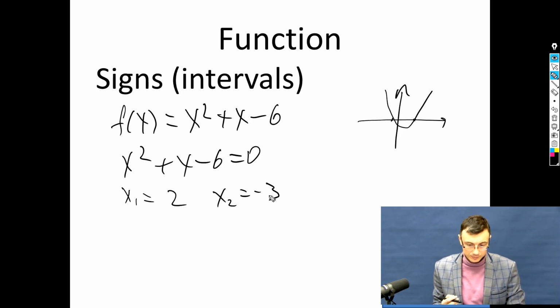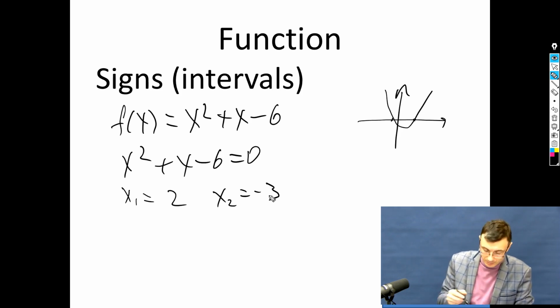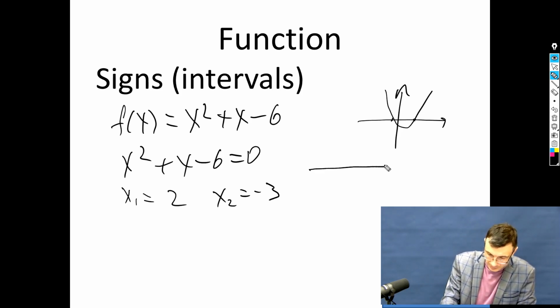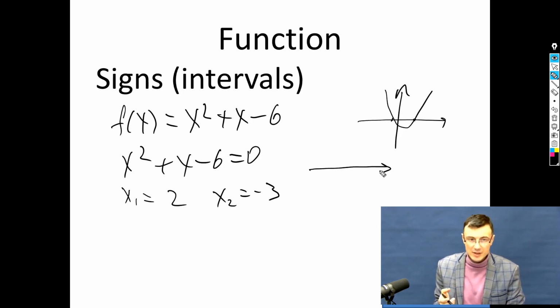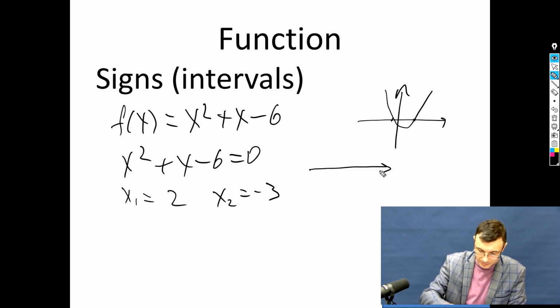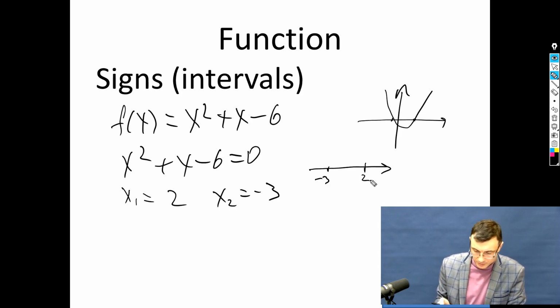So we know where they cross the line, and we know that between them the function has the same sign on this interval.